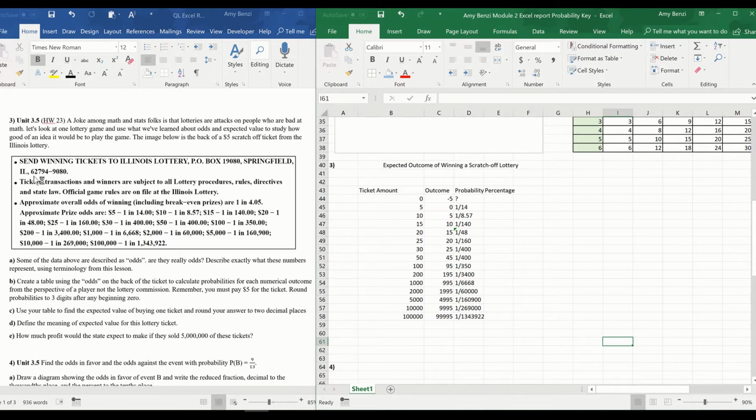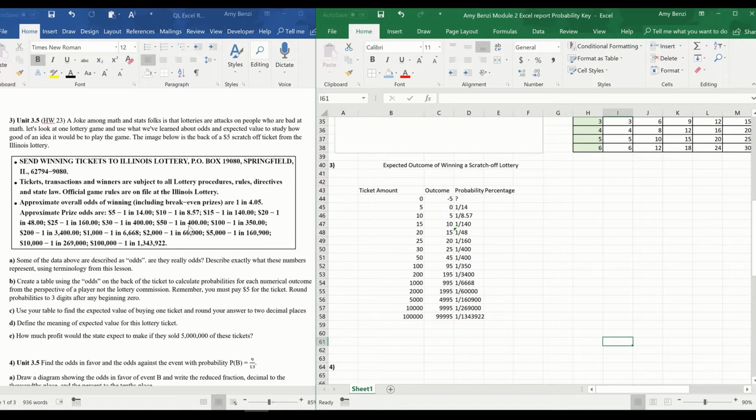So here we have the expected outcome, the probability. It says that these are odds, but really these are probabilities. The probability of scratching a $5 ticket is 1 in 14. The probability of scratching a $10 ticket is 1 in 8.57, and so on.